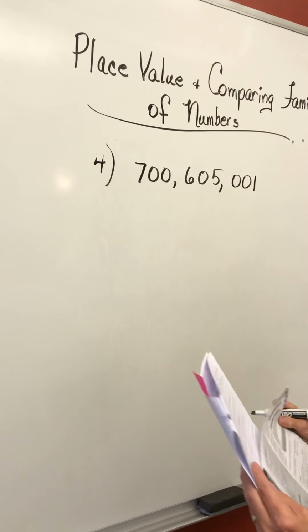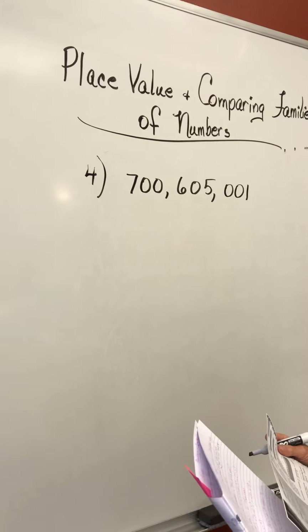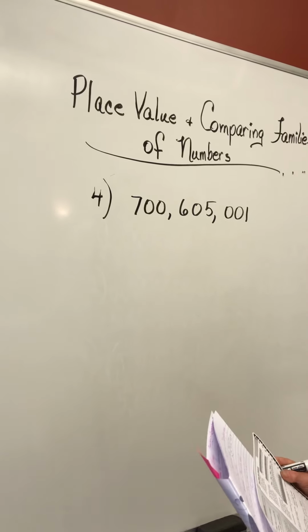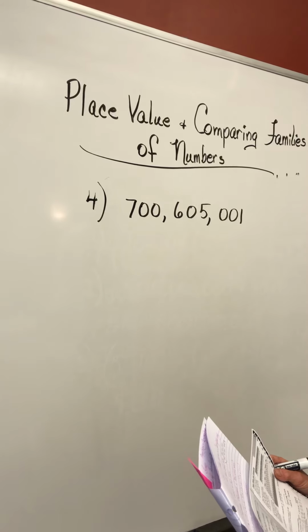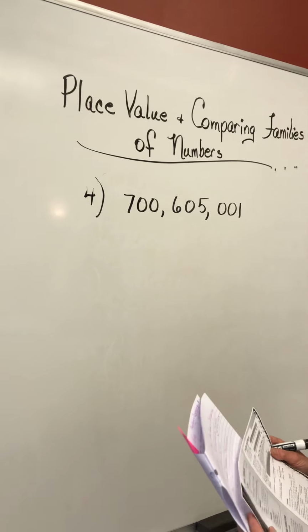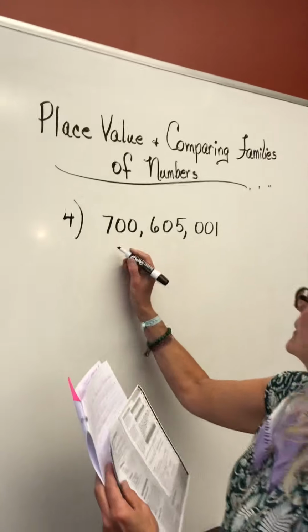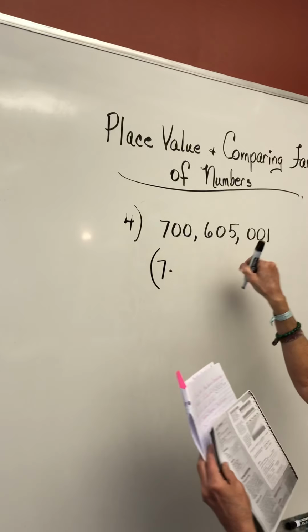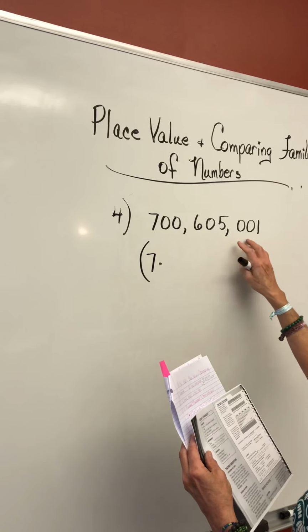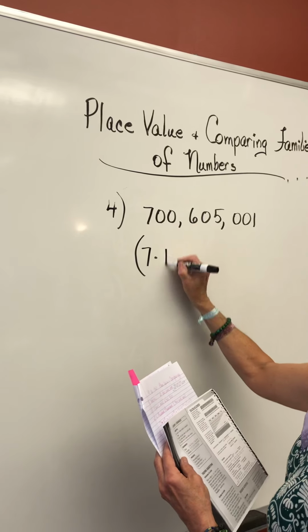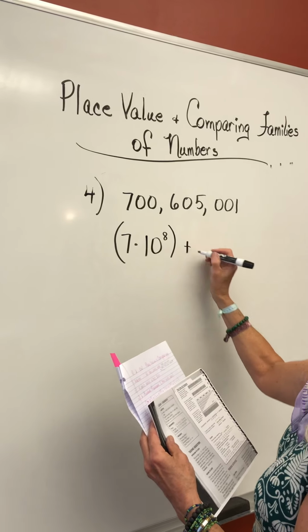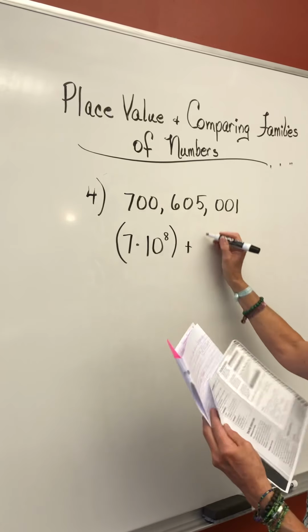All right. So now we are to put it into expanded form here, okay? So let's see, we need to make 7 times how many zeros? How many places in front of 7? 3, 6, 7, 8. So times 10 to the 8th power, right? Plus, now we have a 6 here.